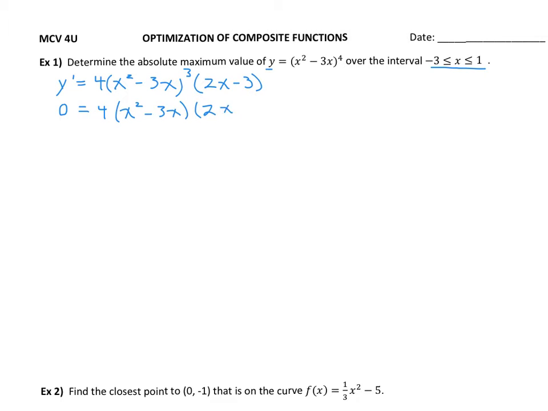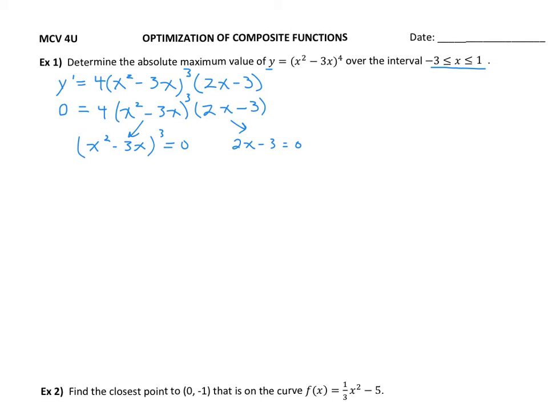So for that expression to equal 0, the only way it can equal 0 is if one of the factors is equal to 0. So that gives us x squared minus 3x all cubed equaling 0, or we would have 2x minus 3 equals 0. And then we're going to solve these for our x.